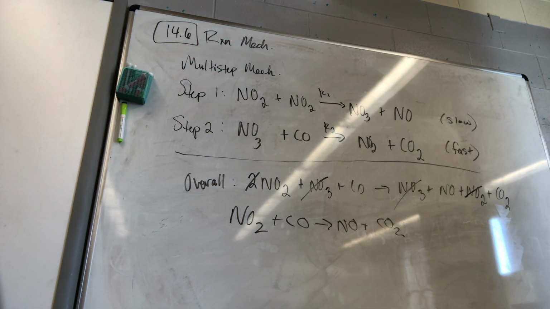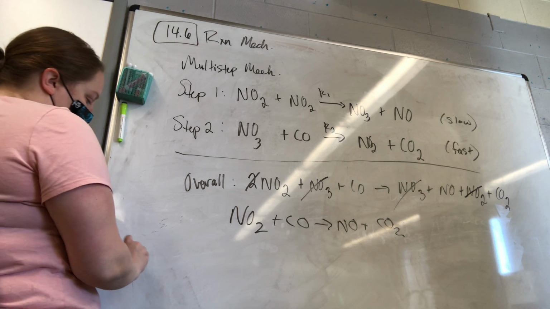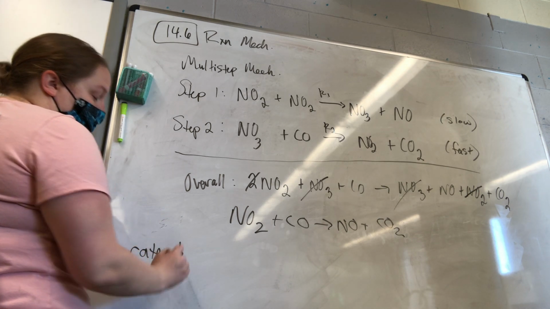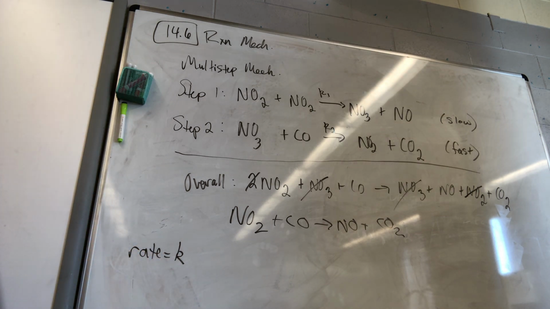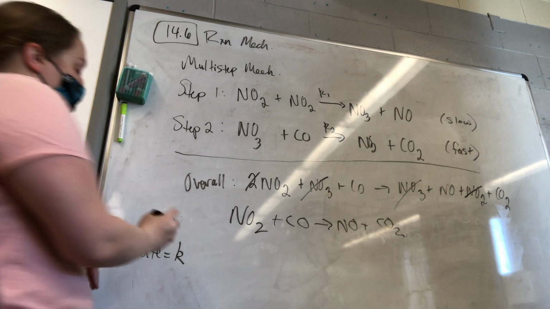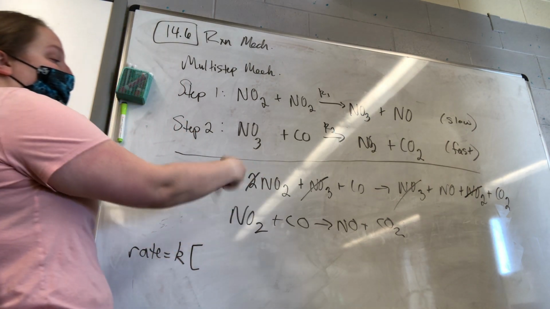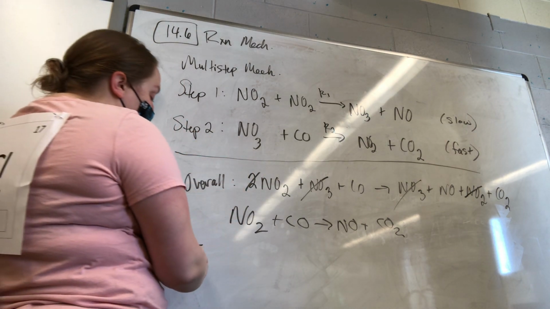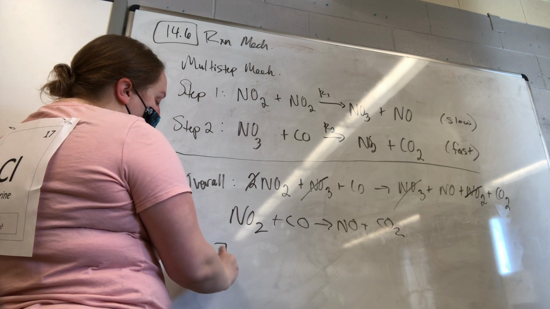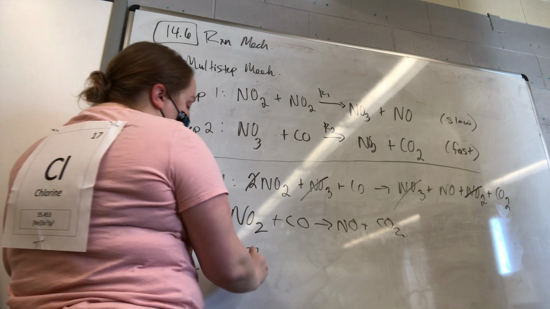In the past, when we've said, write me a rate law just given this information, how do we usually write them? Rate laws start with rate equals rate constant times concentrations of reactants, because the reactants have to disappear in order to create products.